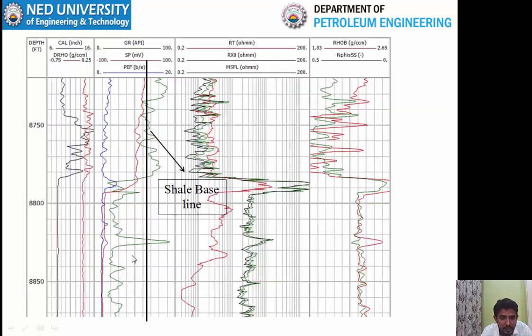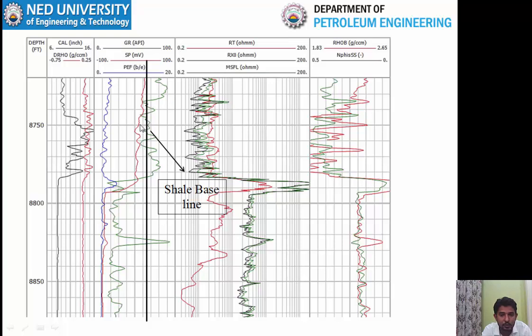The bottom section has large deviation from the shale baseline, so this zone is obviously cleaner, and obviously it's the permeable zone. But in the top section where you have the higher gamma ray values, even there you have some deviations, some zones which have the lower gamma ray value. So these zones can also have permeability.